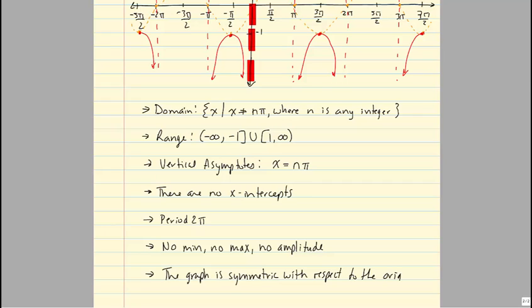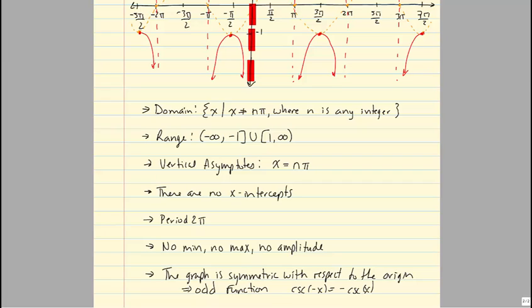And if it's symmetric with respect to the origin, that means it's an odd function. So this looks like cosecant of -x is equal to a negative cosecant of x.